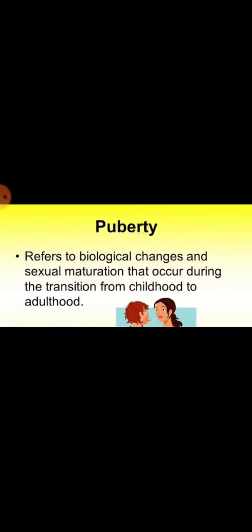Adolescence is the period between 11 to 18 years of age. During this phase, girls and boys undergo several physical and psychological changes. The development of primary and secondary sex organs also takes place in this age, and this is known as puberty.